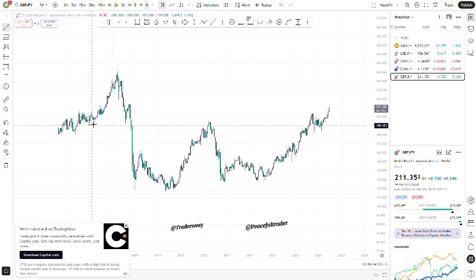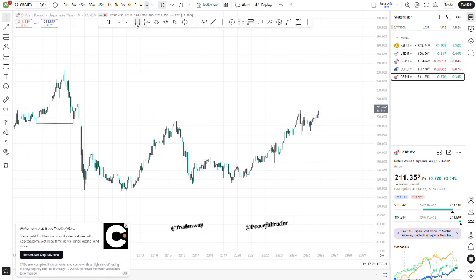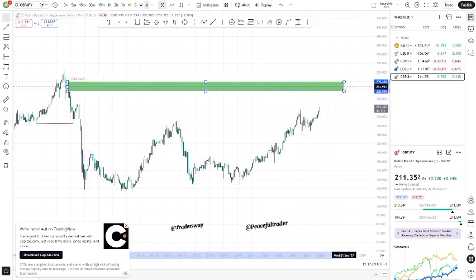So in the monthly time frame, I got something here which is my market structure shift. I got my supply zone.